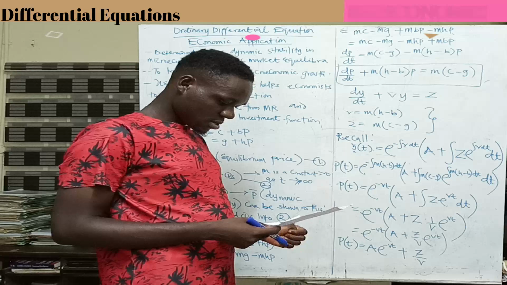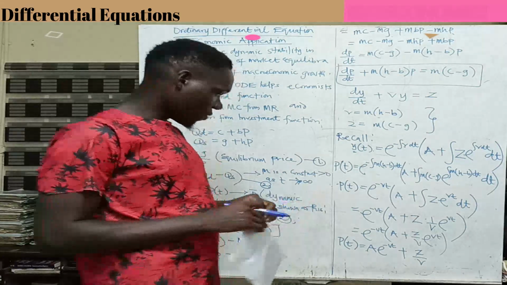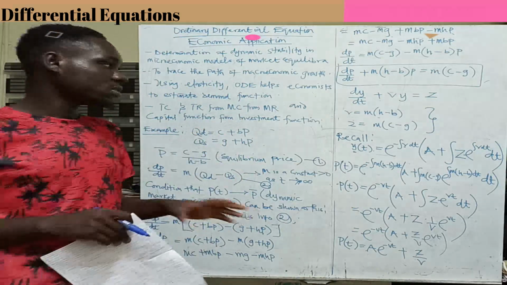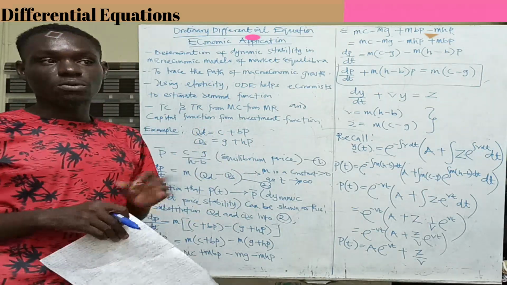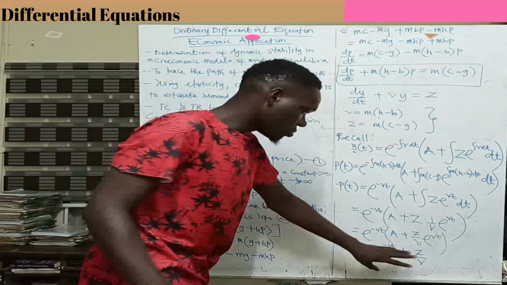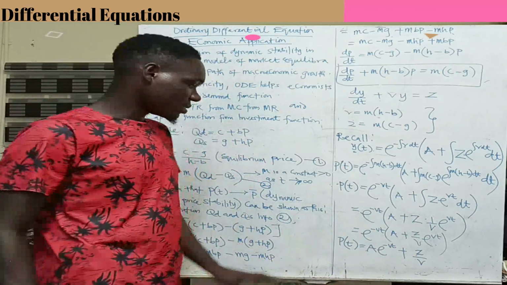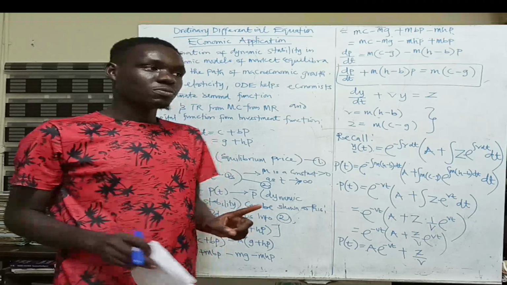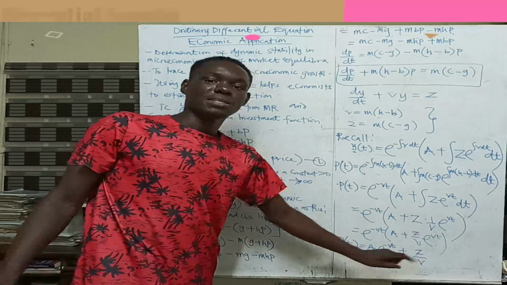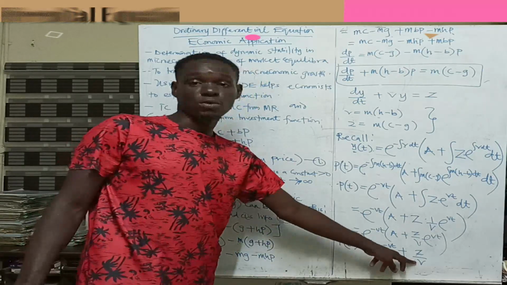for our model to be consistent, because the goal of solving all of this is to determine dynamic stability of our model. Now, for this to be dynamically stable, that is, being dynamically stable will mean this pt will approach this. This is the particular integral, which is our intertemporal equilibrium.